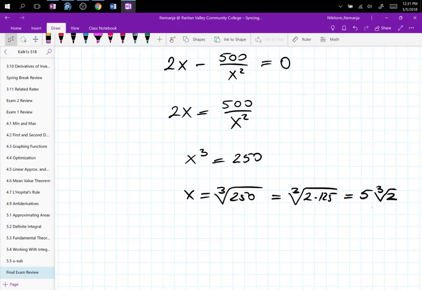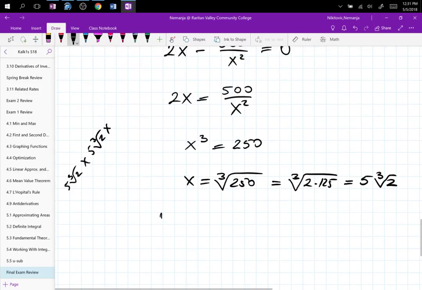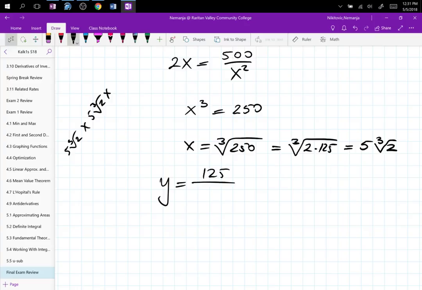Now you can go and get the decimal if you're interested. So now when I start writing my answer, it's 5 cube root of 2 by 5 cube root of 2 by, and I need the height. So for that, I'm going to go back to the y equation, which is 125 over x squared. So 5 cube root of 2 squared.